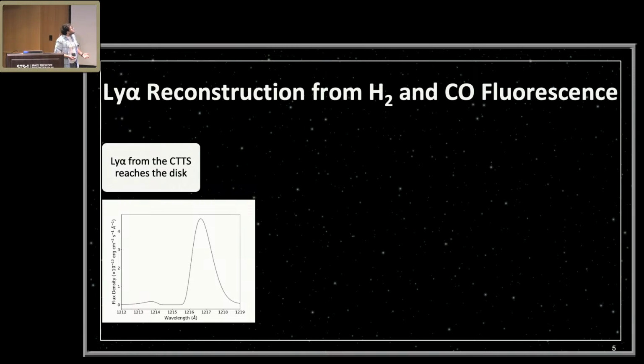What's typically done is that we will reconstruct the Lyman alpha profile based on the fluorescence features that we see in the disk that are driven by the Lyman alpha emission. The idea here is that we'll have a Lyman alpha profile that passes through this outflow and looks something like what you see here by the time it reaches the surface of the disk.